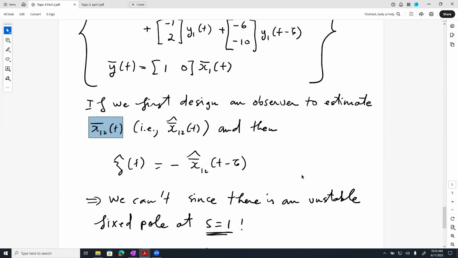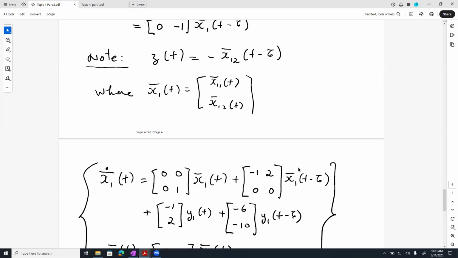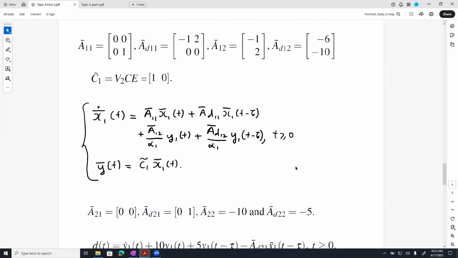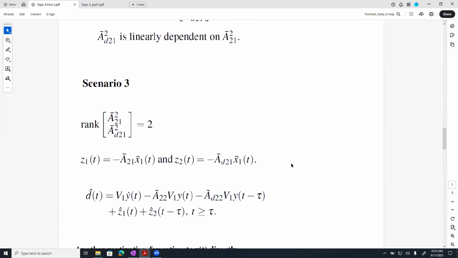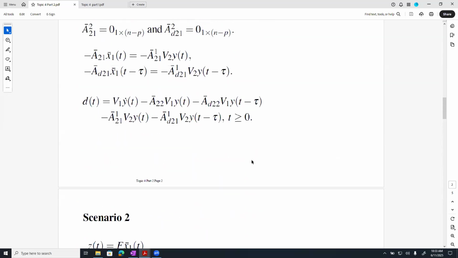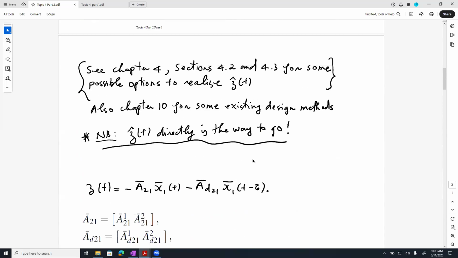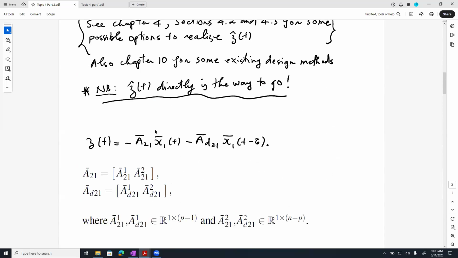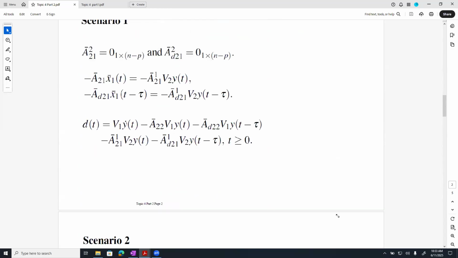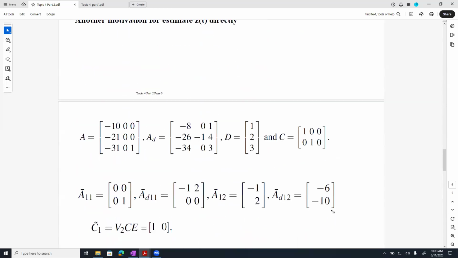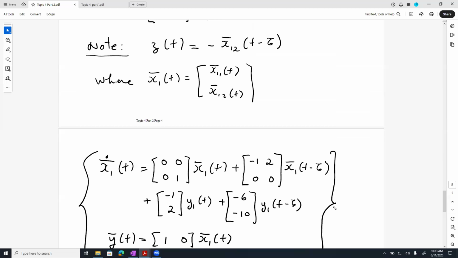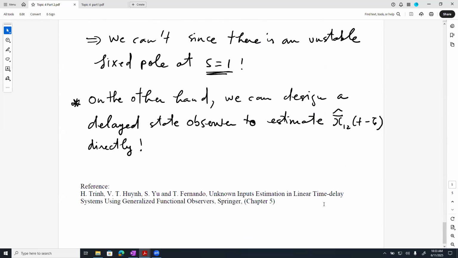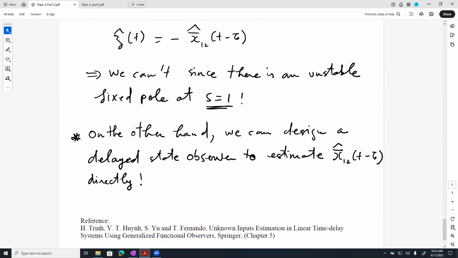So the idea in option 1, where we estimate the unmeasurable stack vector first and then delay it to realize this, is no longer possible for this particular example. All right, so that is very intriguing when it comes to time delay systems. Therefore we have to find another way of doing it.